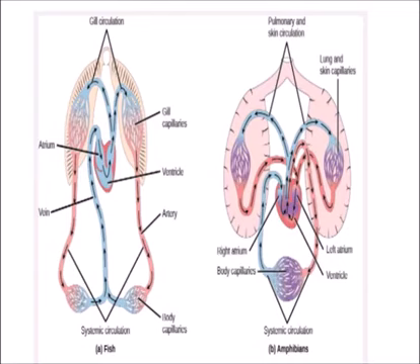I'm going to use the figure below to illustrate the basic circulatory system of some vertebrates: fish, amphibians, reptiles, and mammals.